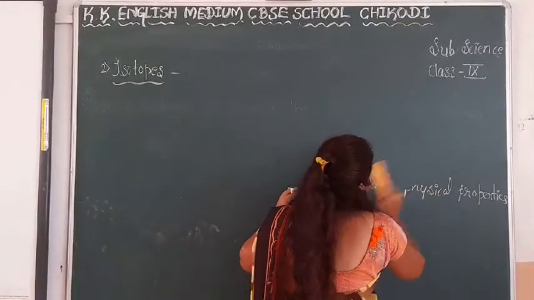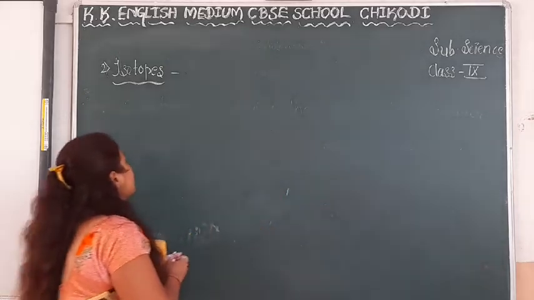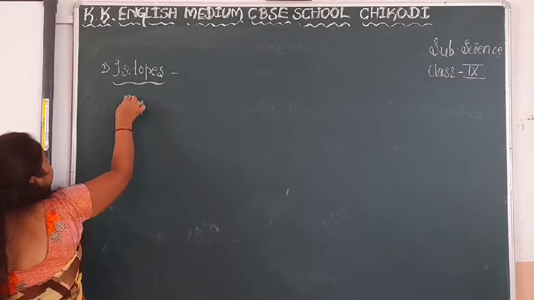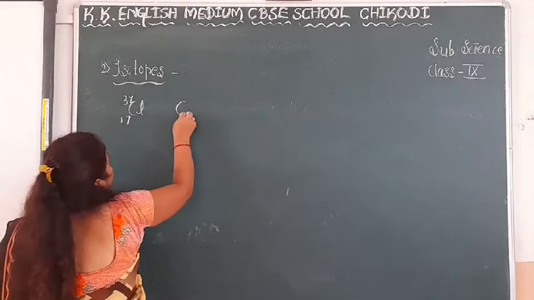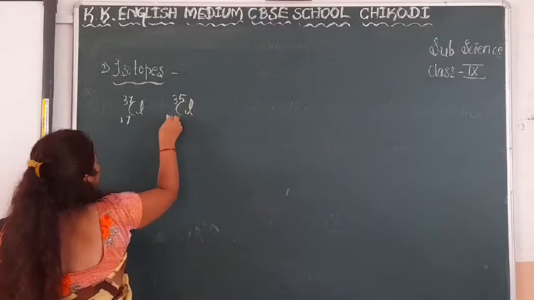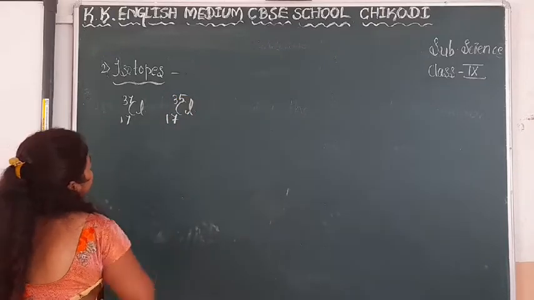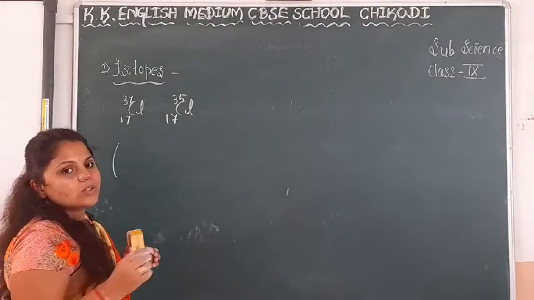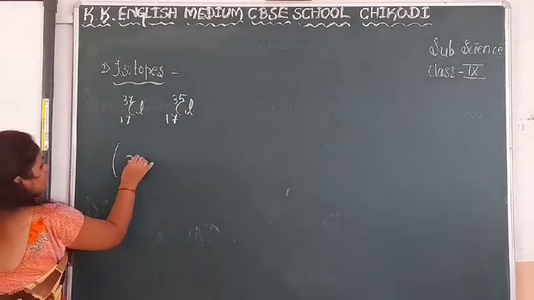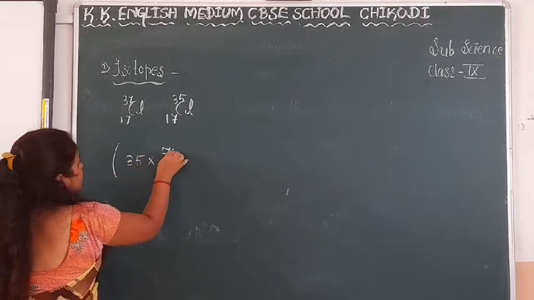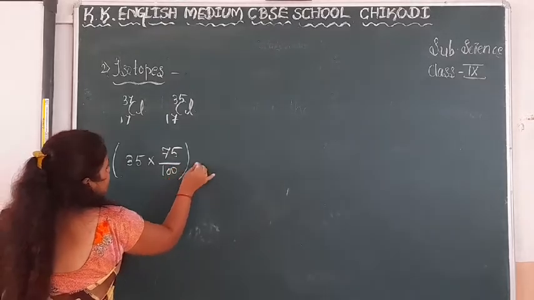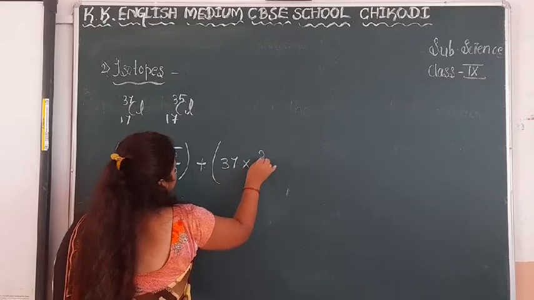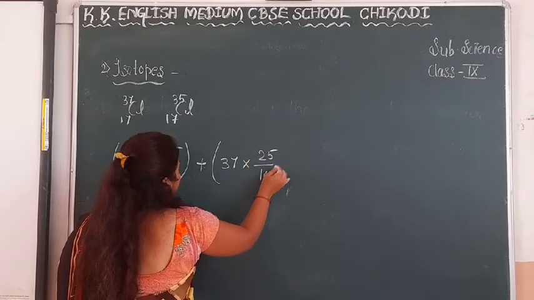Atomic mass of the chlorine. Okay, so chlorine has two isotopes with different mass numbers. So how are you going to solve here? Here 35 into 75 by 100 plus 37 into 25 by 100.